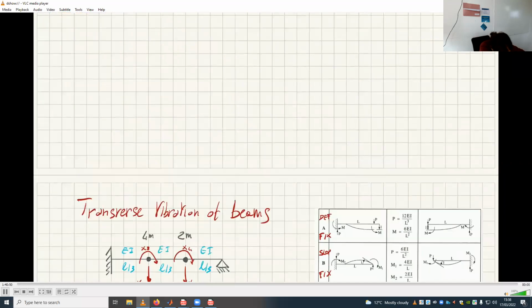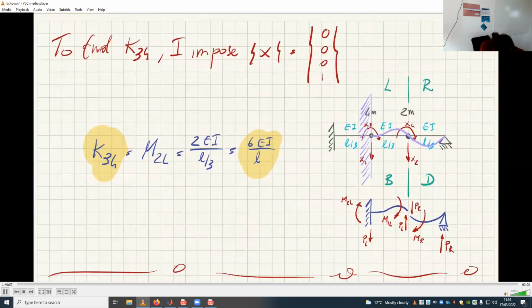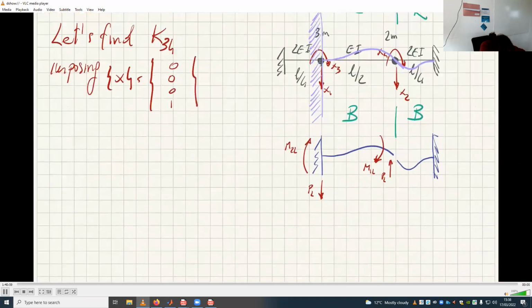For this one, I have M1L, so both clockwise. PR. This is clockwise M1R. Clockwise M2R and PR. Okay.